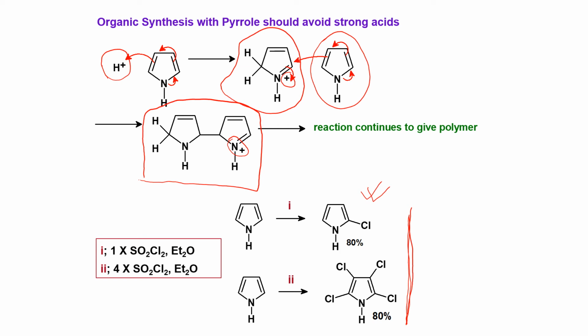Halogens are highly reactive, so a halogen can substitute every possible position on pyrrole, that is 2, 3, 4 and 5. There is a chance of polyhalogenation if we cannot control the concentration of halogen.